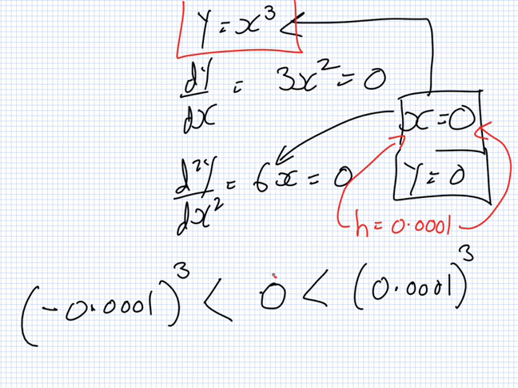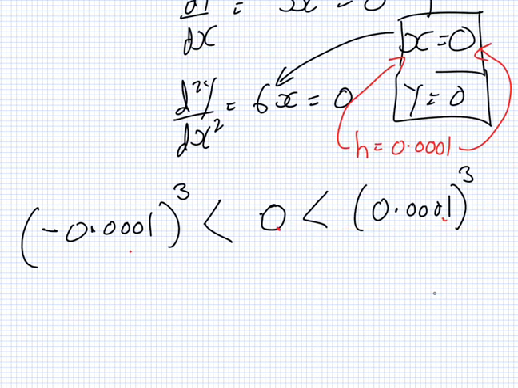And this 0 is just because of the y, it's not because of the x. They're just both 0 here. So is this true? Is this number smaller than 0, and is 0 smaller than this number? Yeah. It's true. So then we do have a saddle point.